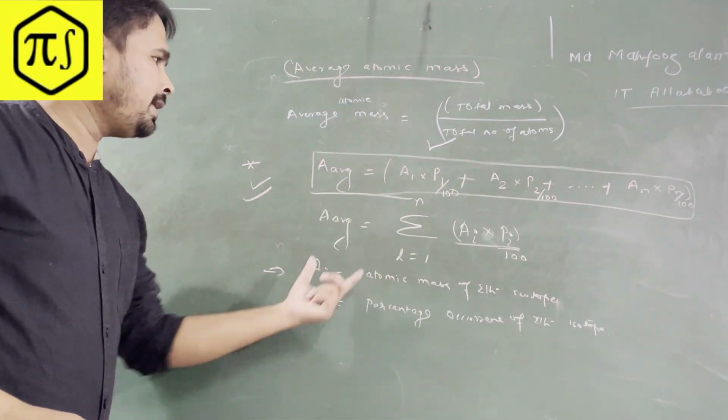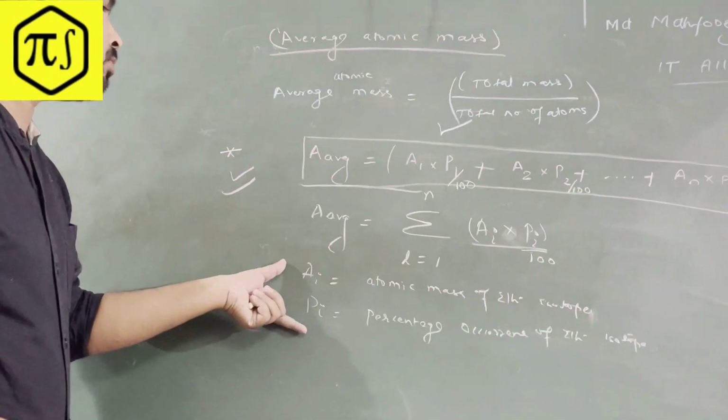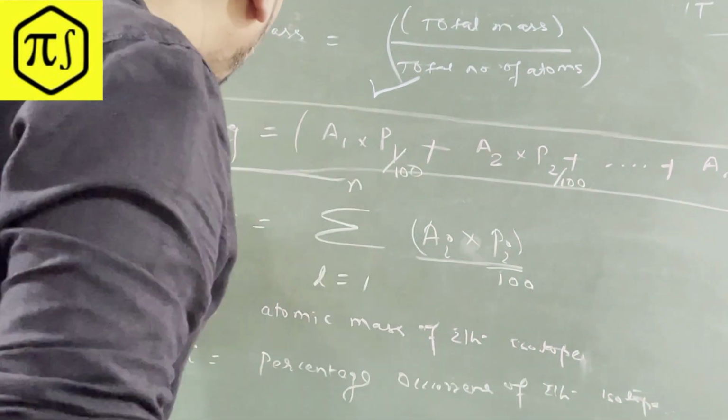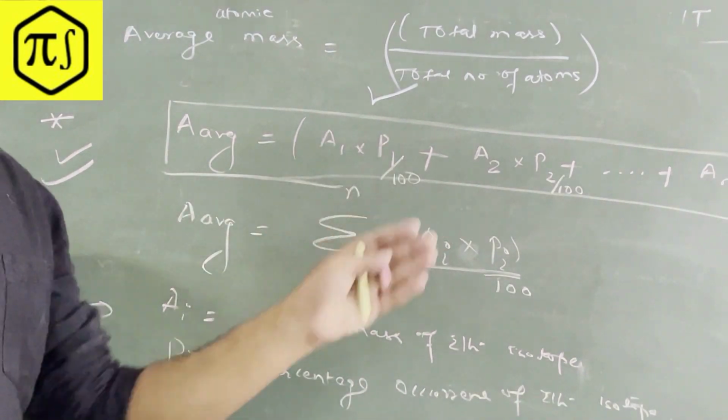So this we already know, what Ai stands for and what Pi stands for. Now let's try to derive it.